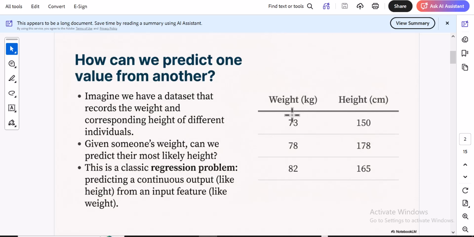And here we have three observations. Imagine we have a data set that records the weights and corresponding heights of different individuals. Given someone's weight, can we predict their most likely height? So in this case, we want to predict the height per unit change in the weight, in units of kg. So this is the classical regression problem, predicting a continuous output like height from an input feature like weight.